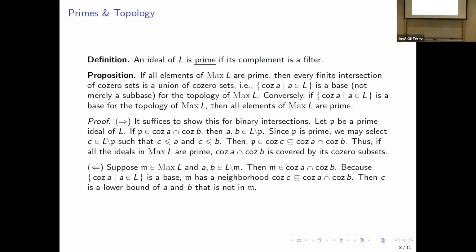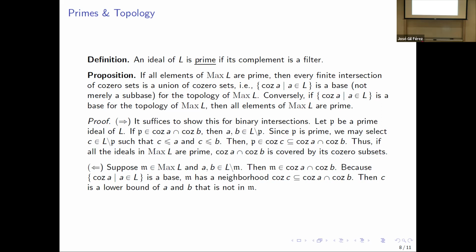And there's a nice proposition here, and I won't do the proof. This is an argument that appears in Grätzer's book in the section on representations of distributive join semilattices. But the conclusion is that all the maximal ideals of a conjunctive join semilattice are prime if and only if the co-zero sets form a basis, not merely a subbasis.